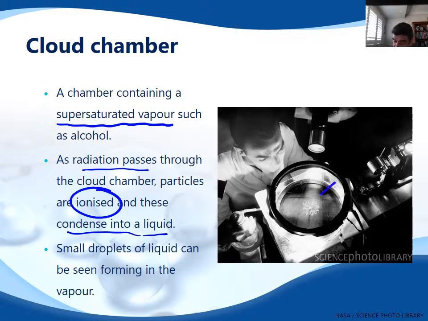These trails are the sort of things you can see happening when particles ionize those little droplets. So again, because of the ionization required, this technique requires the radiation to be an ionizing type in order to work.